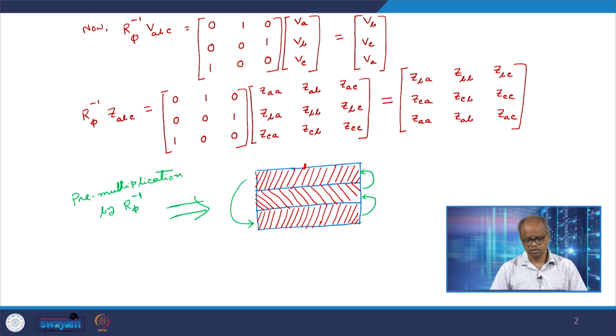So far, in the last lecture, we have seen that when we pre-multiply R phi inverse to any vector or to any matrix, the effect is that the first row comes to the third position, the second row goes to the first position, and the third row goes to the second position.